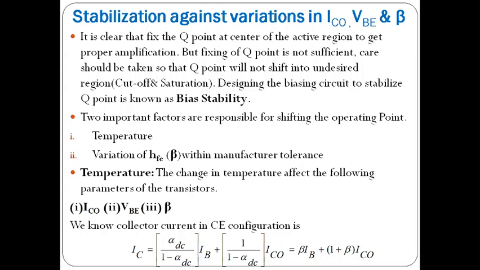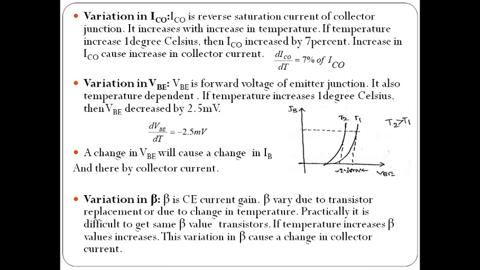In operating point we are considering VCE and IC for CE amplifier. So this IC depends on the beta and ICO and VBE values. So how these beta, VBE and ICO values are varying with respect to the temperature. Yes. So now we need to stabilize. How can we stabilize this?